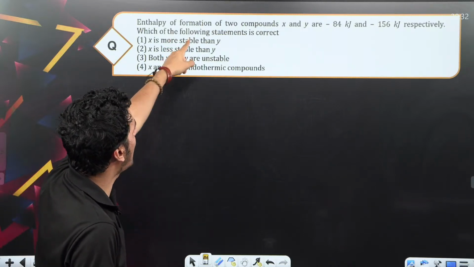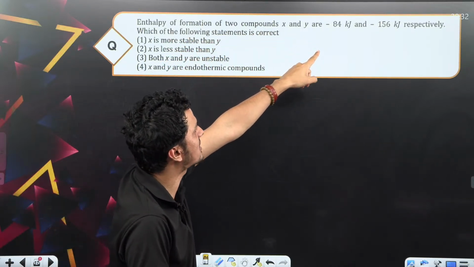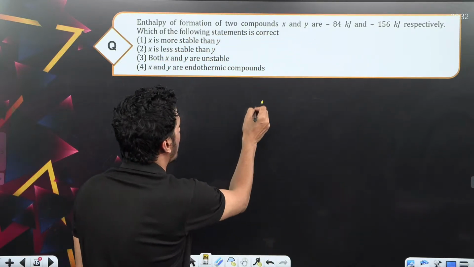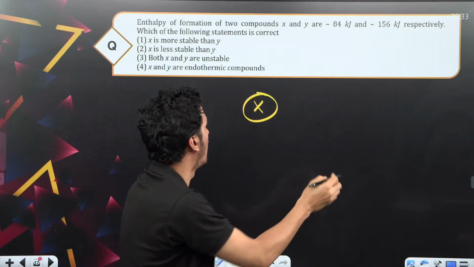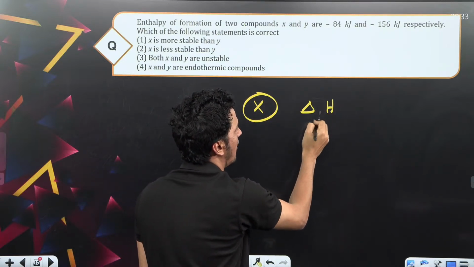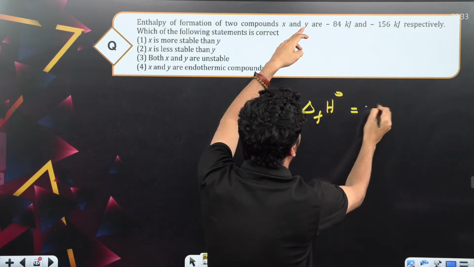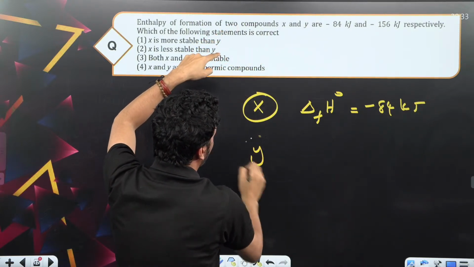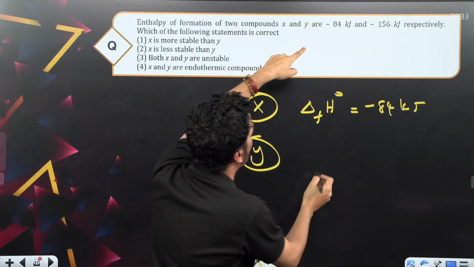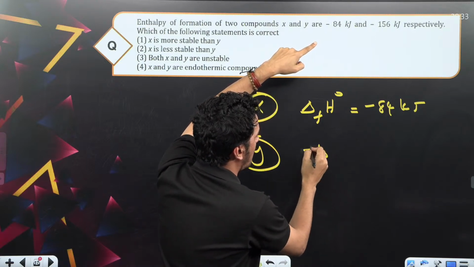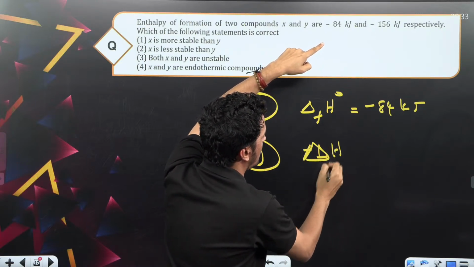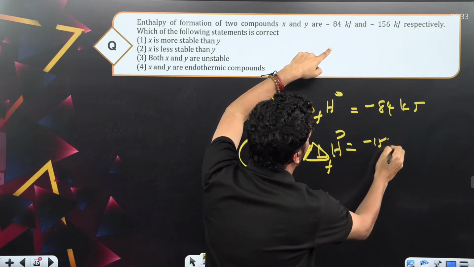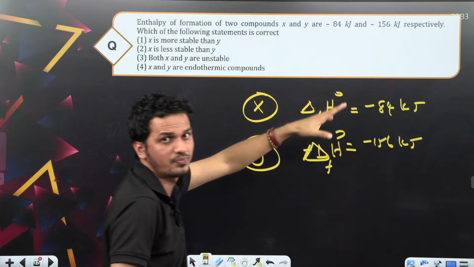Easy one. Enthalpy of formation of two compounds X and Y. For compound X, the enthalpy of formation delta H of 0 is minus 84 kilojoule, and for Y, delta H of 0 equals minus 156 kilojoule per mole.